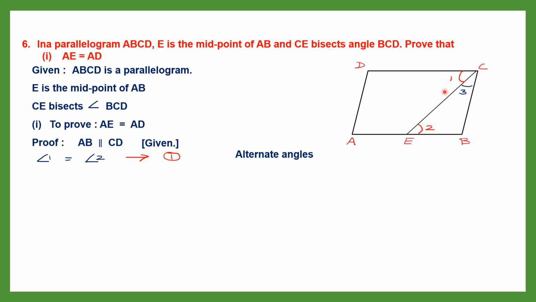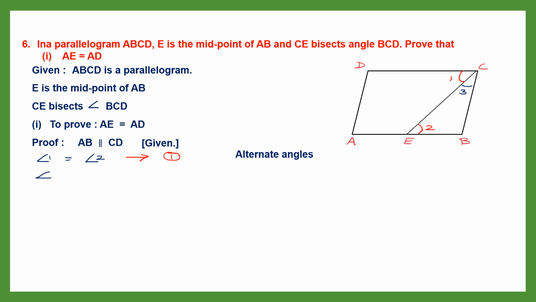Now how will that be equal to angle 1? Because that is also given to us. What does it say? CE, this line, bisects angle BCD. Bisecting means dividing this angle into two equal halves. That means these two are equal. So we can say angle 1 is equal to angle 3. So let's write that.